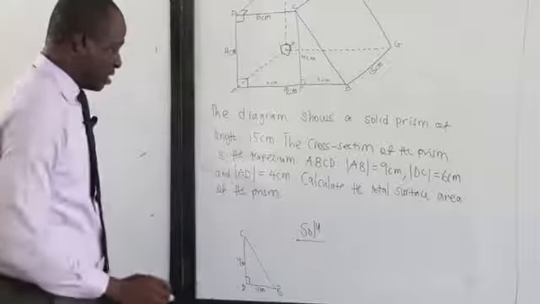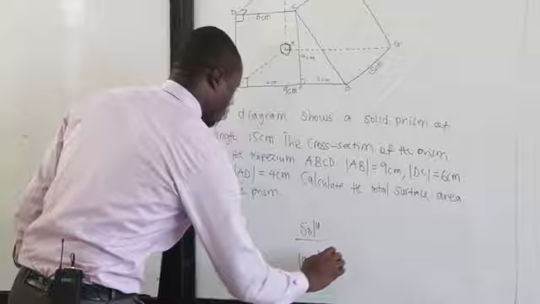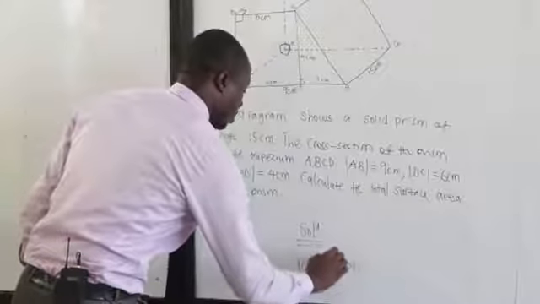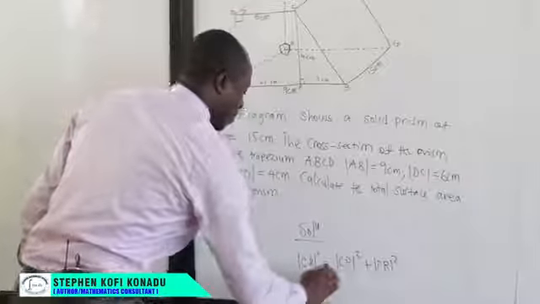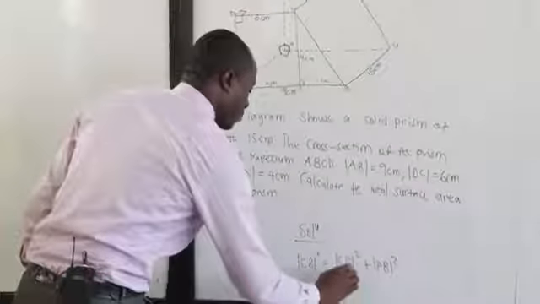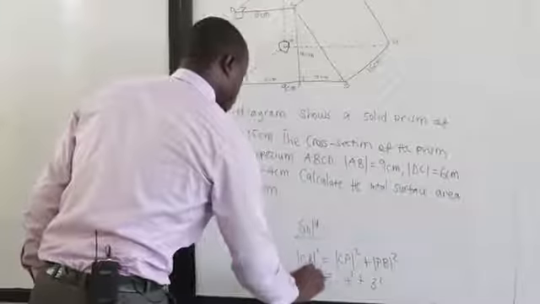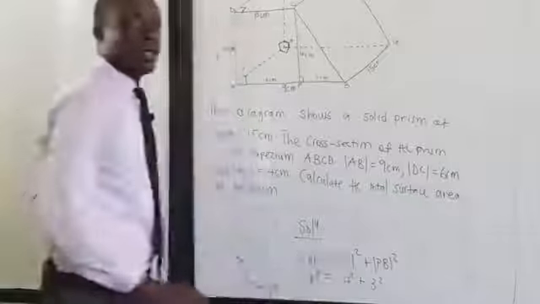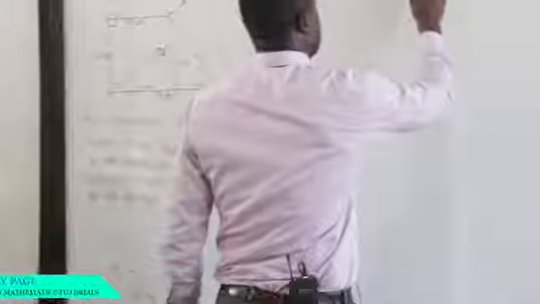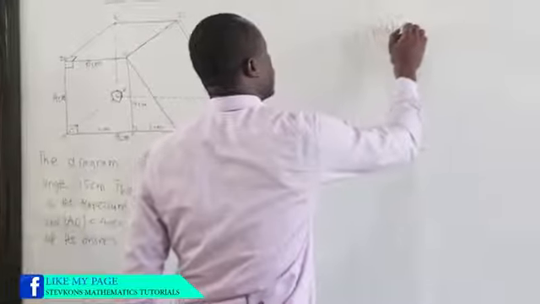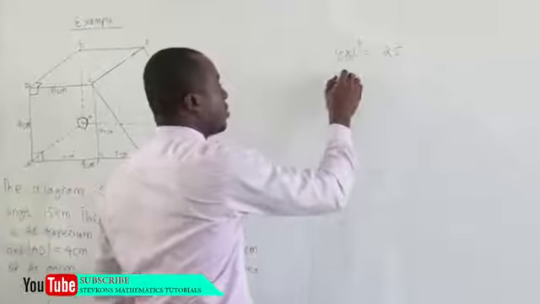So using the Pythagoras theorem, we can say that CB square equal to CP square plus PB square. Now what is CP? That is 4. So we have 4 square. What is PB? That is 3 square. Now 4 square is 16, 3 square is 9, so we are going to get our CB square to be equal to 25. We want to find CB, so the square will now come and be square root.